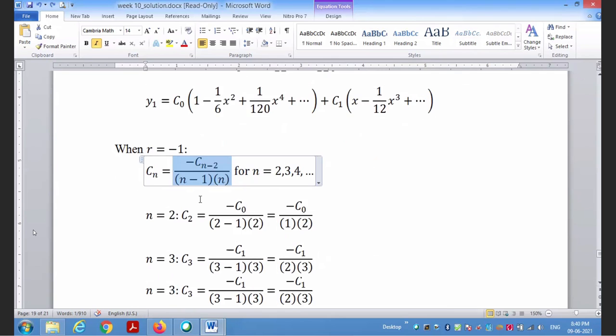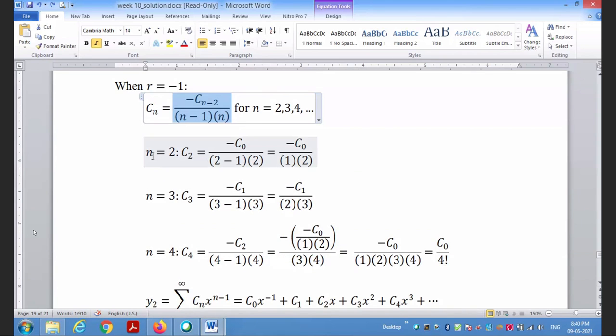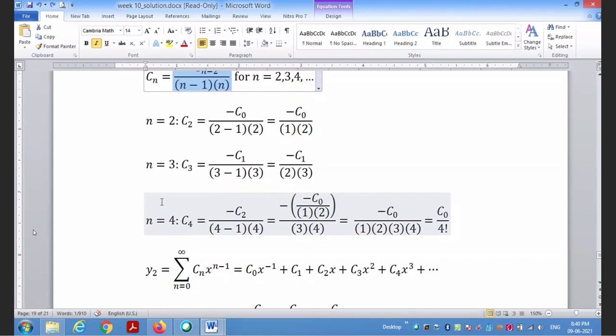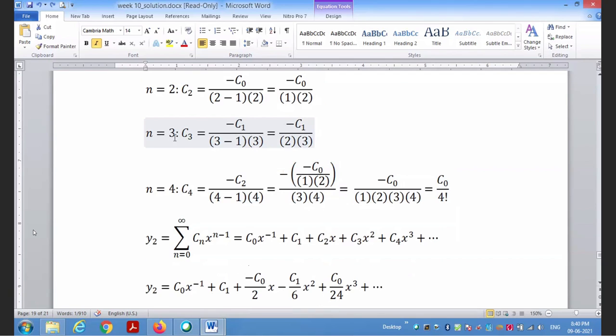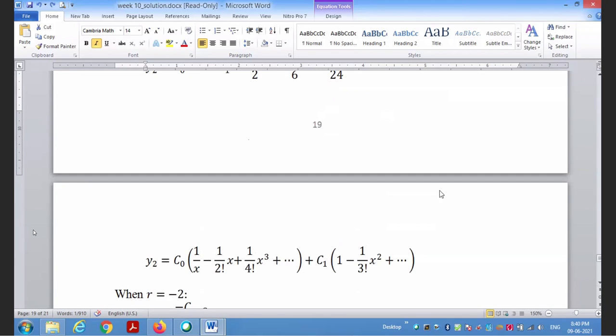And then get a few terms: for n equal to 2, we have C2 equal to minus C0 over 1 plus 2, times 2. When n equal to 3, C3 equal to minus C1 over 2 times 3, which is 3 factorial, and this is 4 factorial. This one is easy to see.